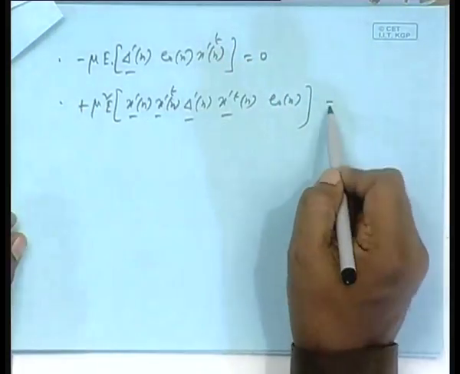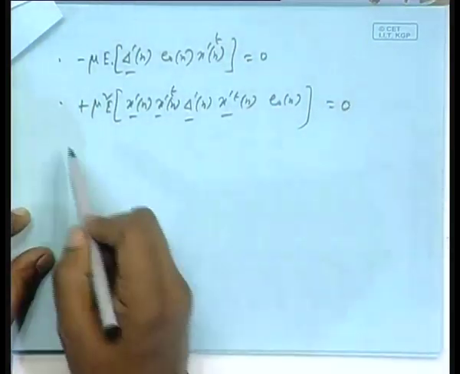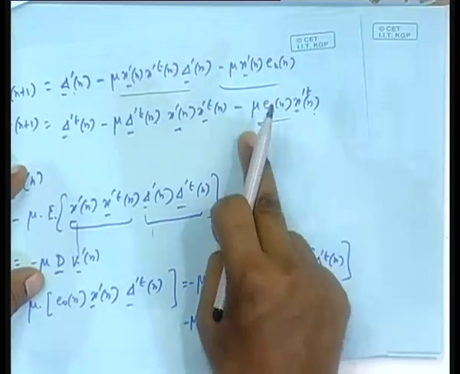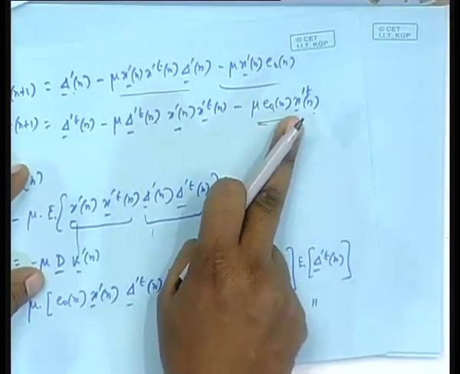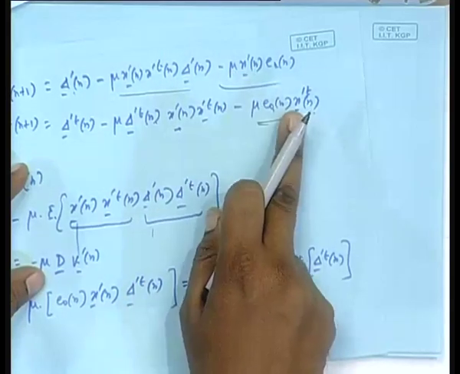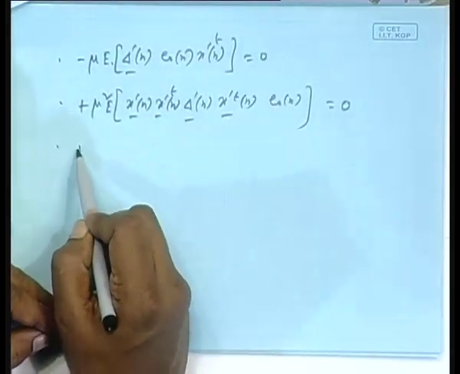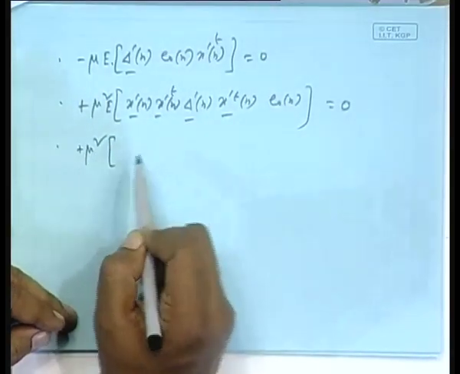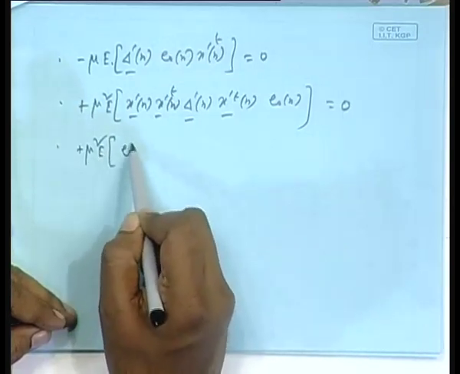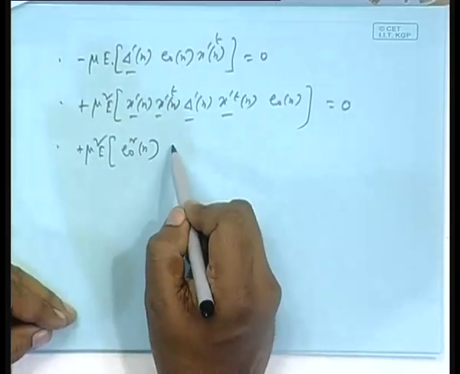So this will go to 0. The only thing is the last term is important. The last term is the product of these two, minus times minus gives plus mu square, x prime n transpose, and e_o(n), this is a scalar, e_o square. So, plus mu square E of e_o square(n).